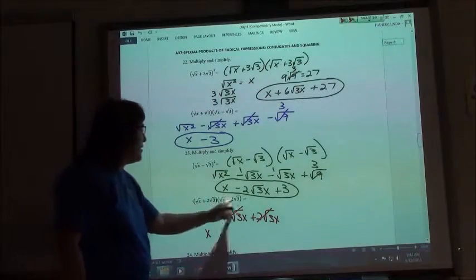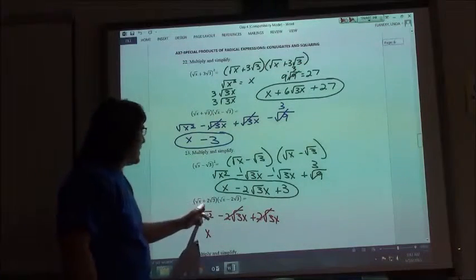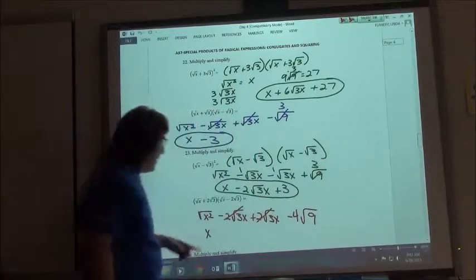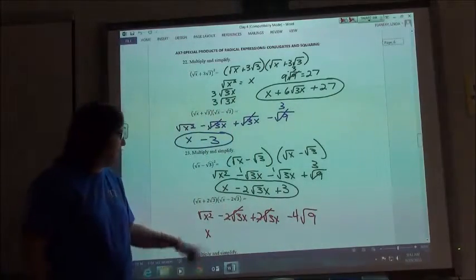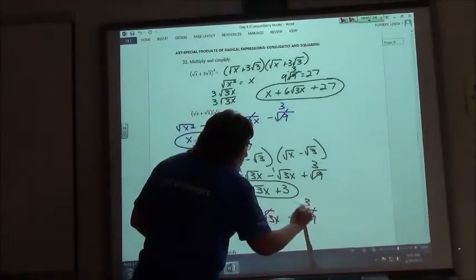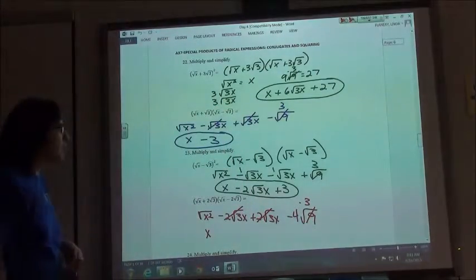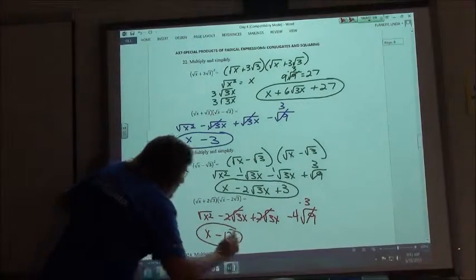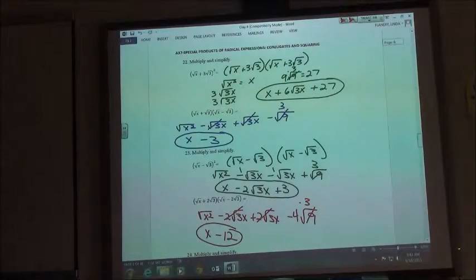Positive 2 square root of 3 times negative 2 square root of 3 would be negative 4 square root of 9, right? 2 times negative 2 is negative 4. 3 times 3 is 9. 9 is a perfect square, so we take the square root of 9, which is 3. Negative 4 times 3 would be minus 12. So we get x minus 12 for our answer.